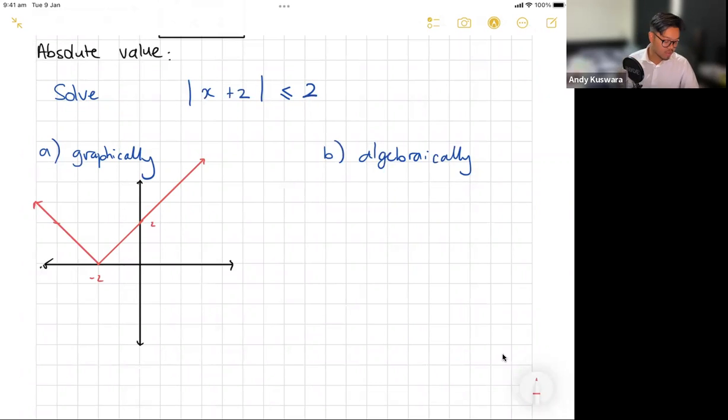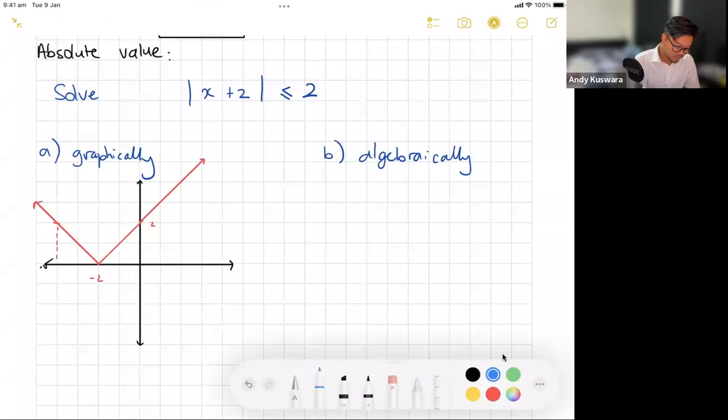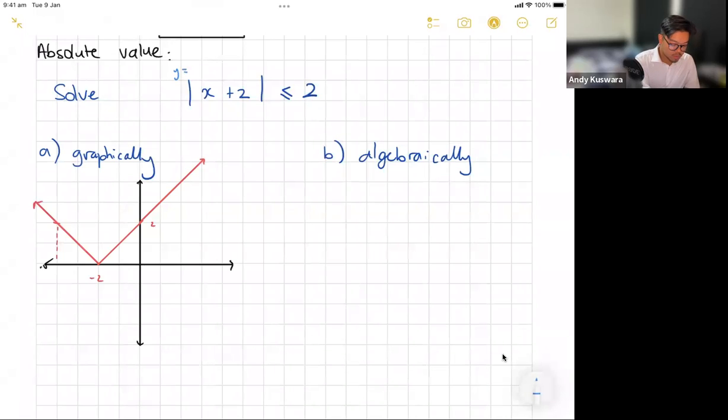Now, when is this graph going to be less than or equal to 2? The way that I see it is, we've got y equals x plus 2, and then we also want to graph y equals 2. So y equals 2 is a horizontal line. I'm going to draw this horizontal line across. And all it's saying here is, when is this graph of y equals x plus 2 less than or equal to 2?